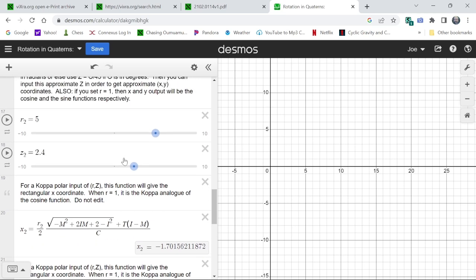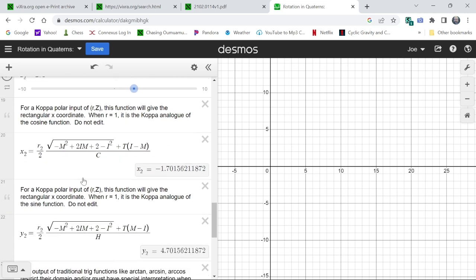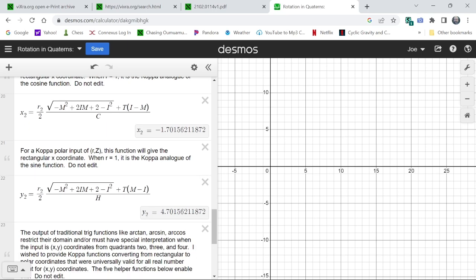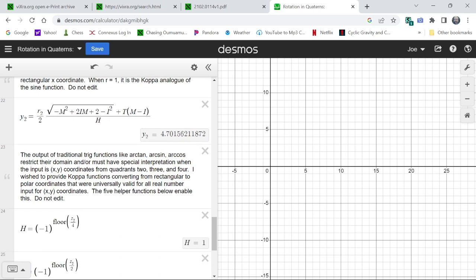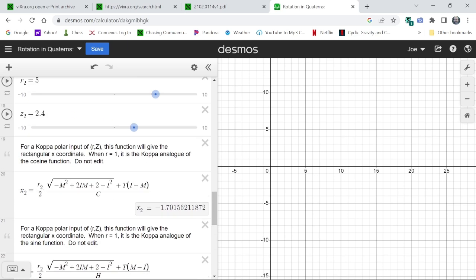So if you have a distance from the origin of 5 and you have 2.4 quaterns, the x-coordinate is negative 1.7 and the y-coordinate is positive, so that means we're somewhere in quadrant 2. And so this site demonstrates that.